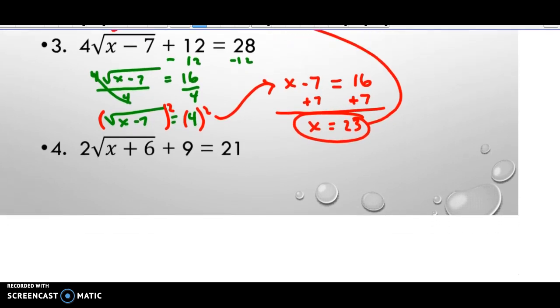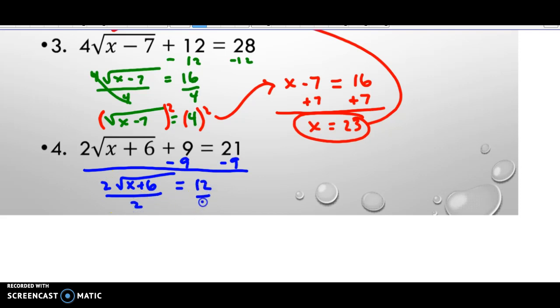Let's solve number 4. I'm going to start first by isolating my radical, so I'm going to get rid of this plus 9 by subtracting 9 from both sides. That leaves me with 2 radical x plus 6 equals 12. And now I'm going to undo my multiplication by dividing by 2.